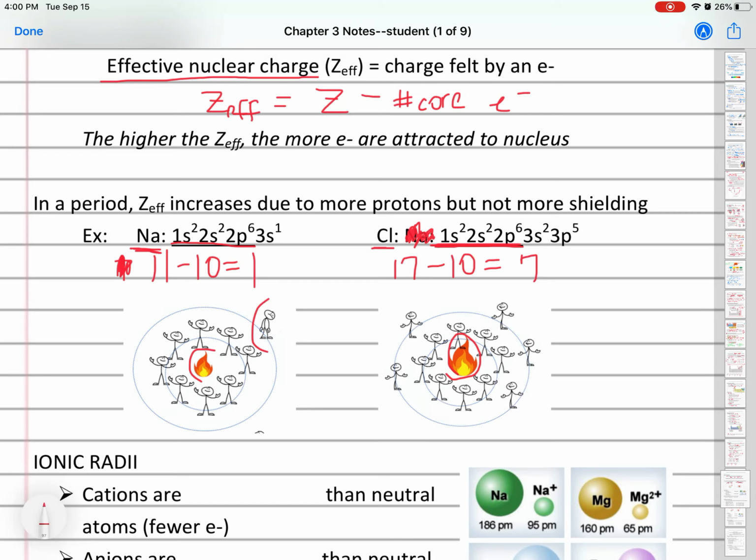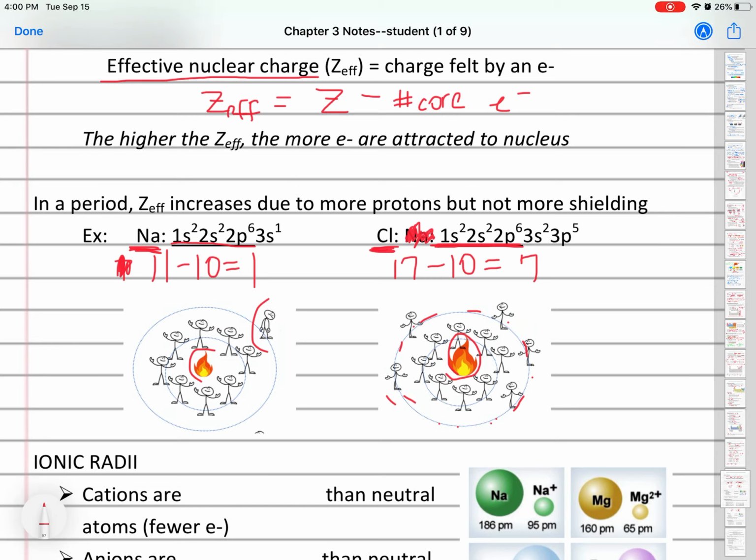And so even though it still has 10 people around that fire, the valence electrons, the people in this outer row here, they can feel the warmth better because the fire is actually bigger and there's still just 10 people crowding around it. So these guys are warmer, kind of like the valence electrons in chlorine are more attracted to the nucleus.